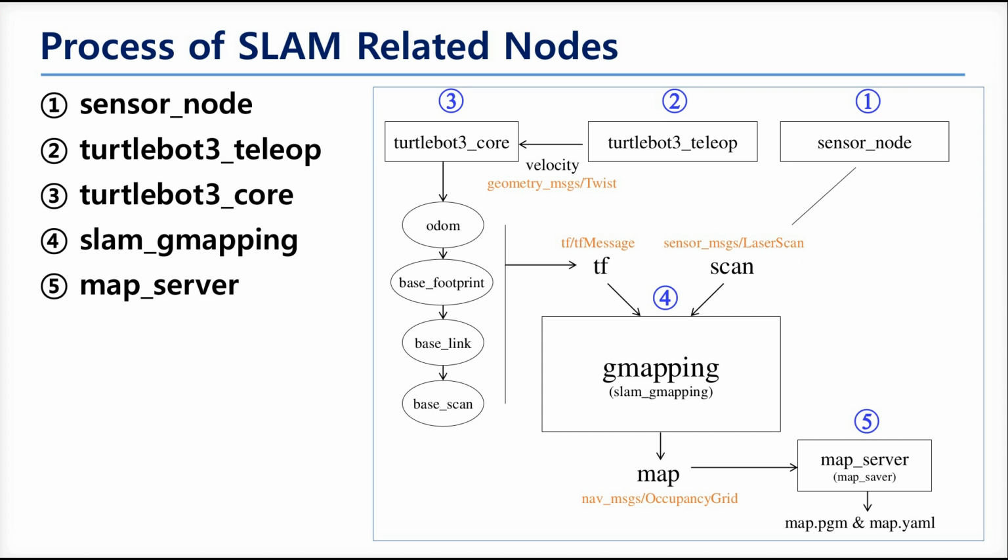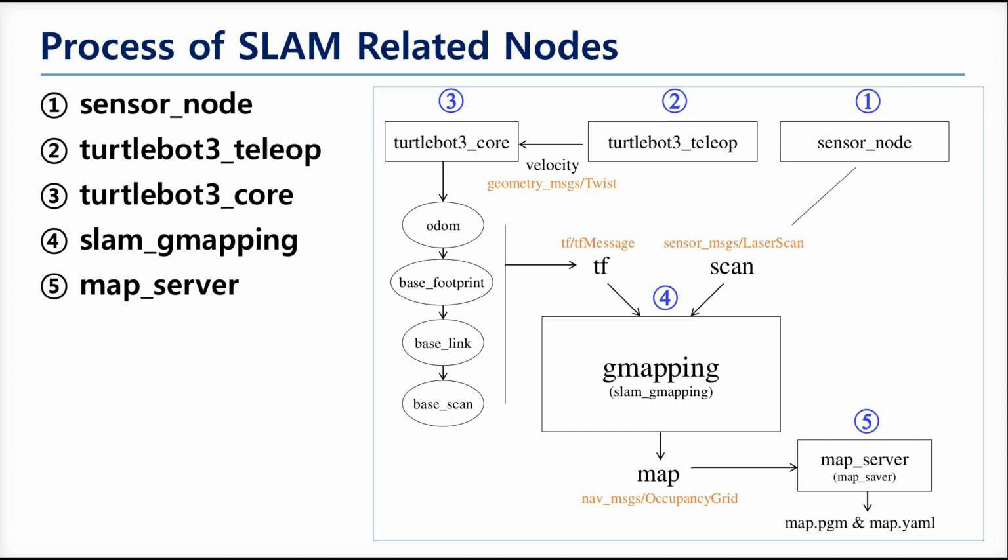And the TurtleBot3 core node receives the linear and angular velocity data from the TurtleBot3 teleoperation node. Then the TurtleBot3 core node publishes the odometry, and all the TFs linked to each other in the TurtleBot3 model will be published as TF messages.